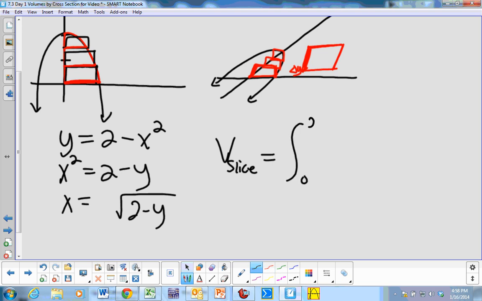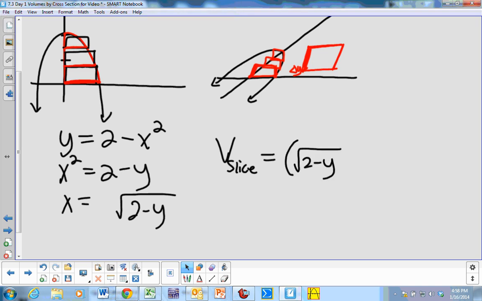We're going to integrate from 0 to 2 because we know it intersected up there at 2. Oh, I guess we don't want to integrate yet. Let's just do the volume of a slice. That's going to be the function, which was the square root of 2 minus y, whole thing squared, times your dy.